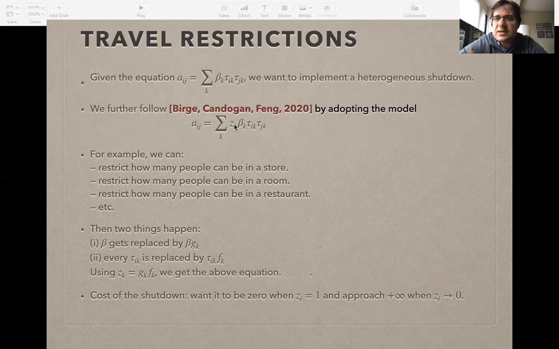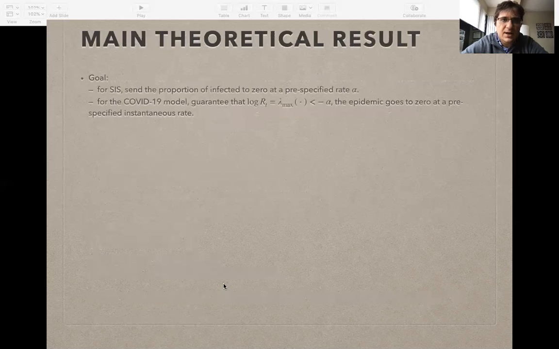And since we're going to apply this to something like counties in the United States, you don't want to shut down a county 100%. So the idea is that we take a cost that's proportional to 1 over z_i, so that it blows up as z_i goes to 0, but with some constant which we offset here to be 0 at z_i equals 1. Okay, and then that's the cost of the action we take.